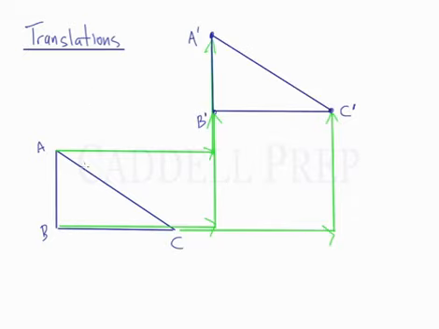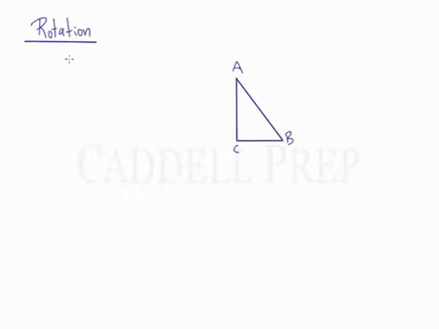So translation is just a slide of the image. It could be right and up, right and down, left and down, left and up, maybe just up or just down. But the point is, it remains the same, it's just slid to another location. A rotation is another transformation.